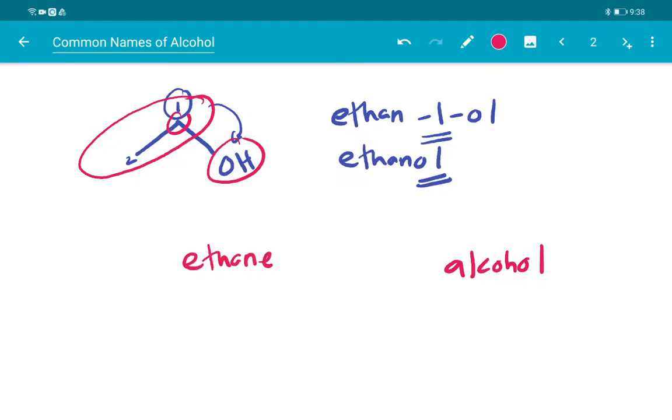We're going to change the A and E into the alkyl attachment. Therefore, the A and E will be converted into YL, so this will become ethyl alcohol. Okay, let's take a look at another example.